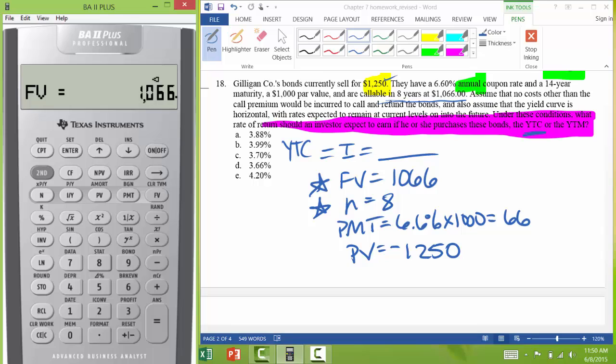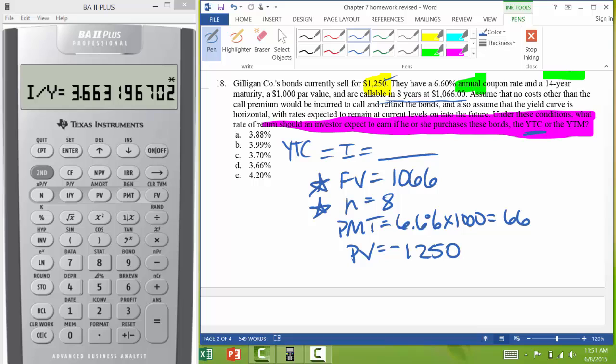And then we will put in 8 for N, 66 for payment, and negative $12.50 for the present value. And I hit compute I, and I got 3.66% as the yield to call.